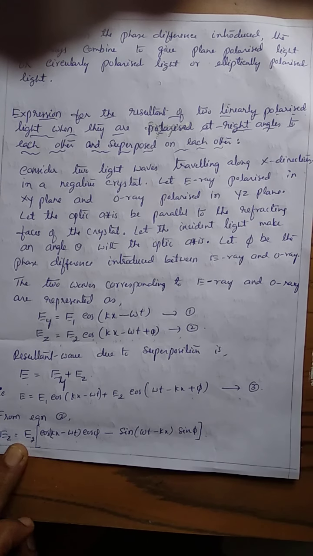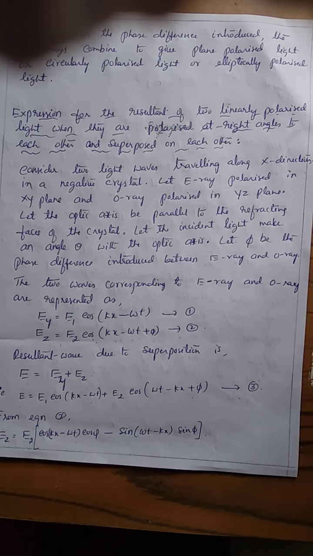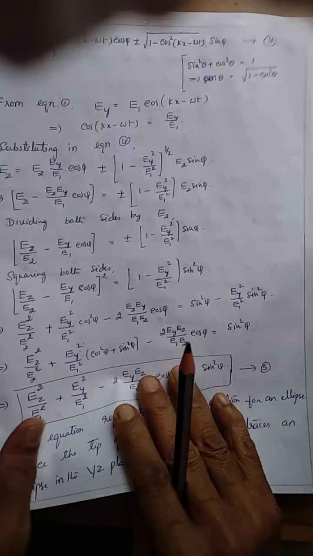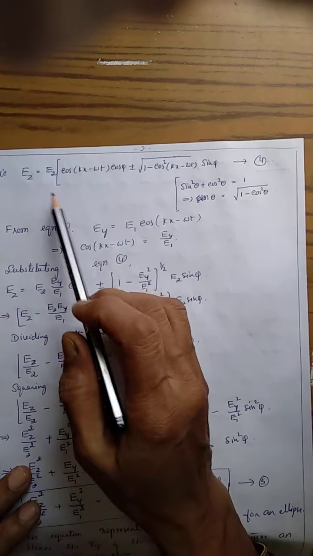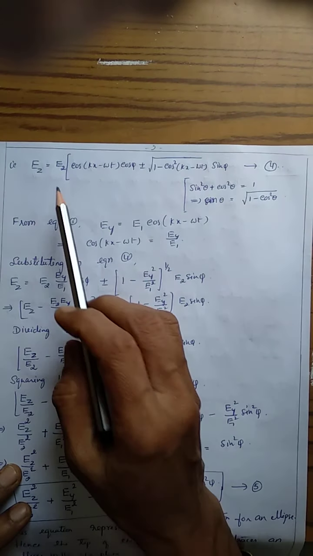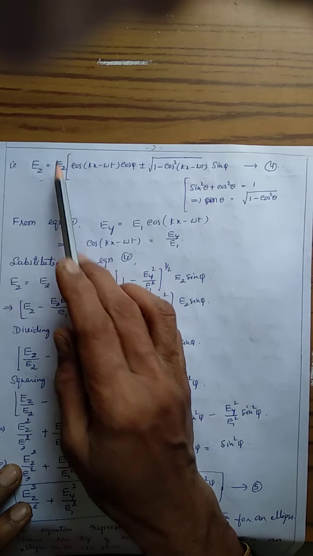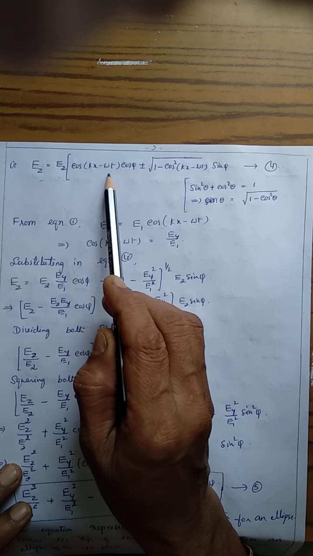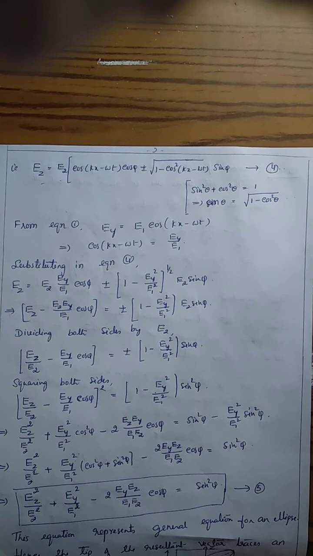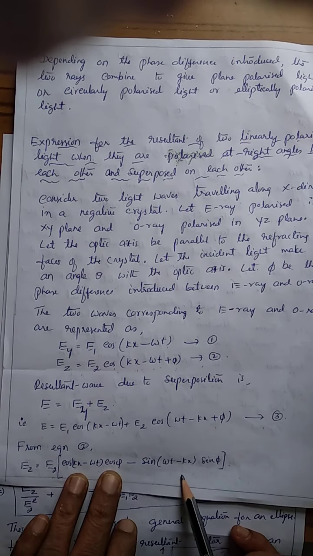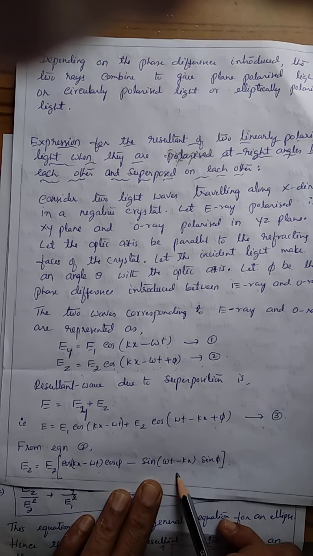Further simplification: Ez can be written with E2 common outside the bracket, cos(kx minus omega t) cos phi, and the term sin(omega t minus kx), which we write in terms of cos.